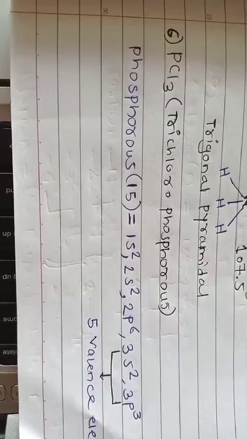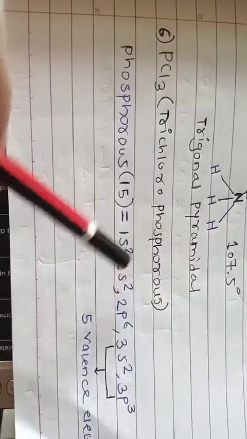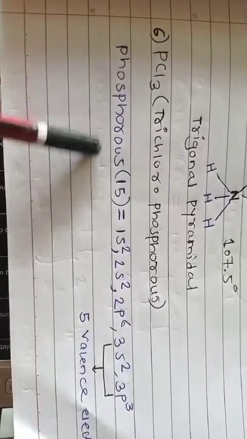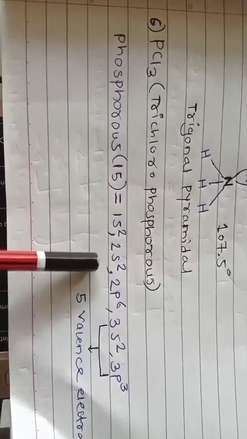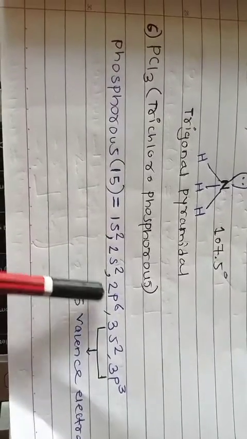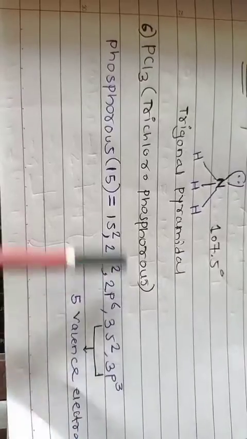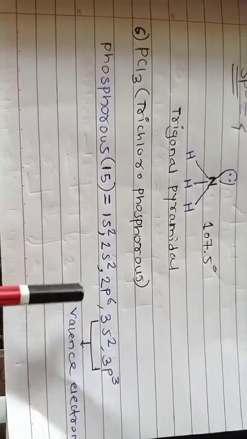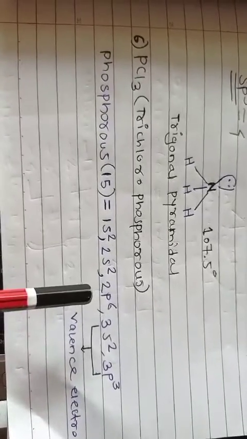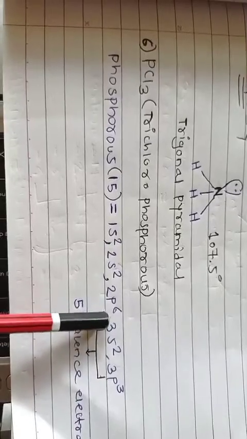Now let's understand example number 6, that is PCl3, phosphorus trichloride. We know phosphorus has atomic number 15, therefore the electronic configuration is 1s2, 2s2, 2p6, 3s2, 3p3, that is 15 electrons in total. Valence electrons are those in the last shell, so the last shell is shell number 3.